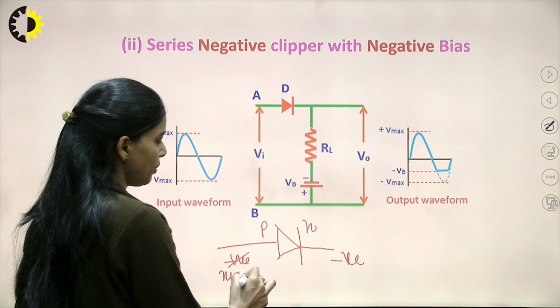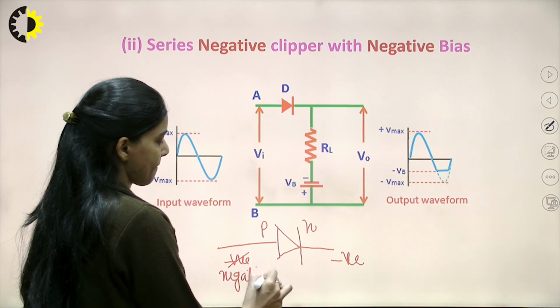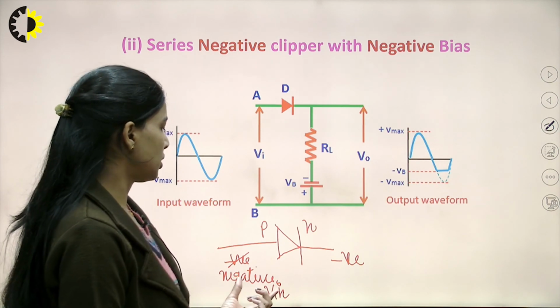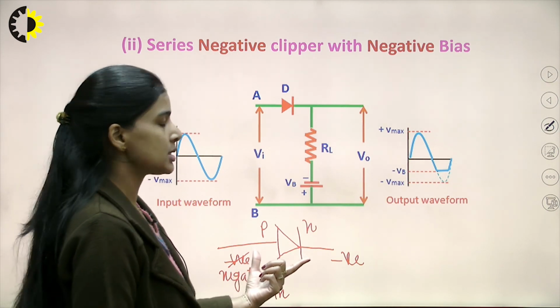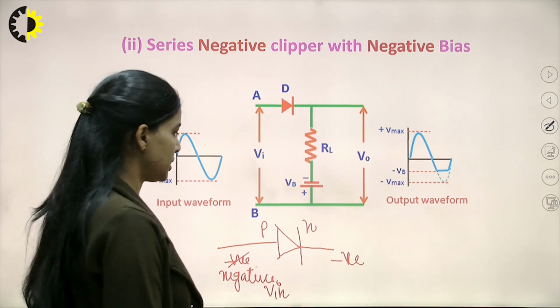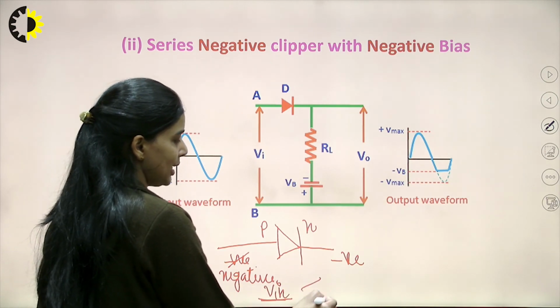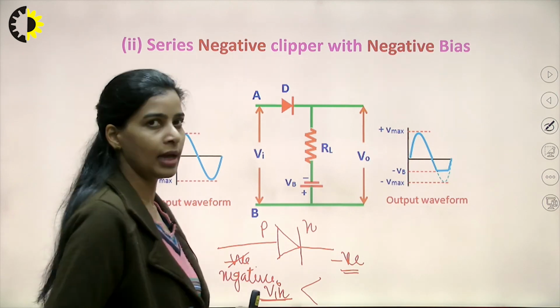For the negative input, when the negative cycle of the input appears, then this diode will be forward biased till the point this negative is less than this negative value.